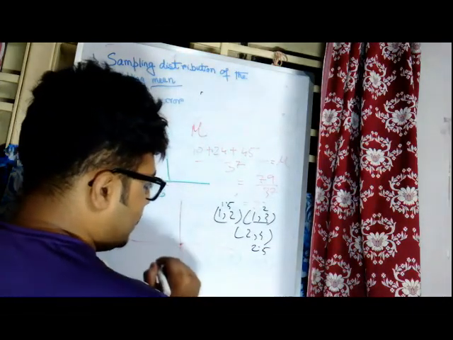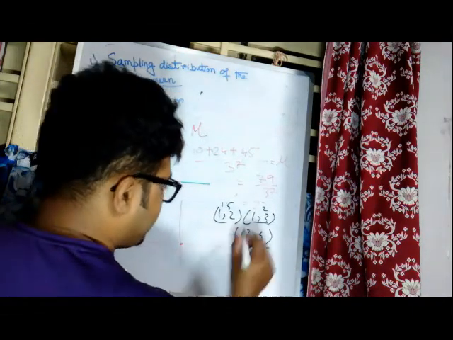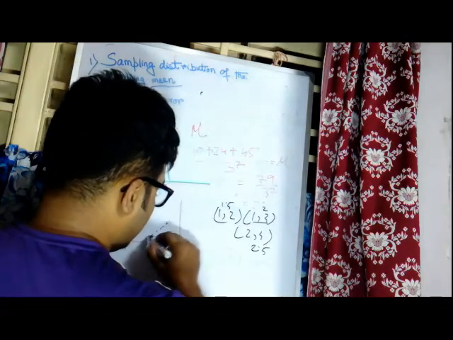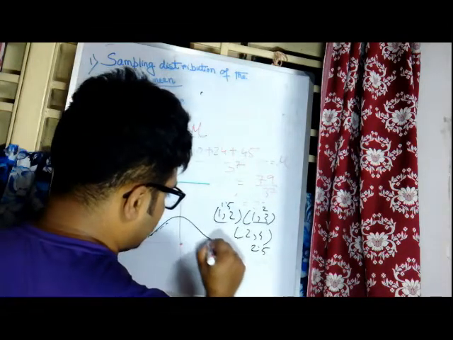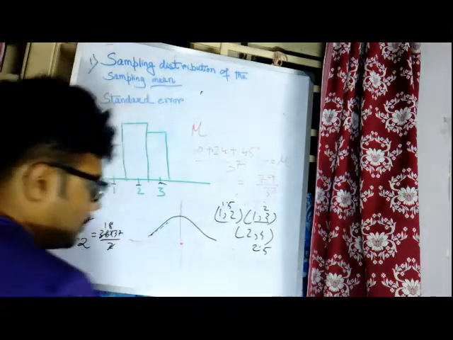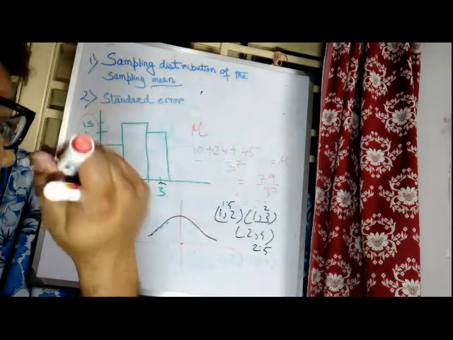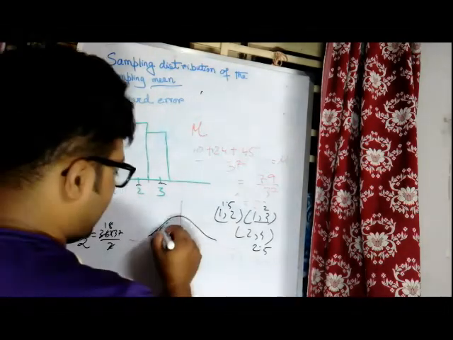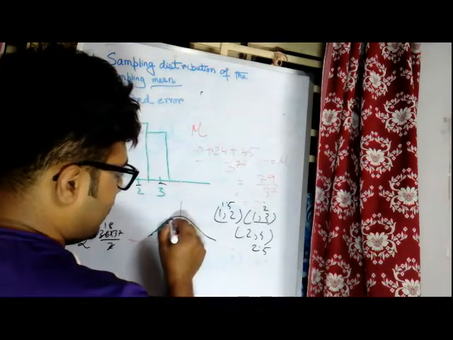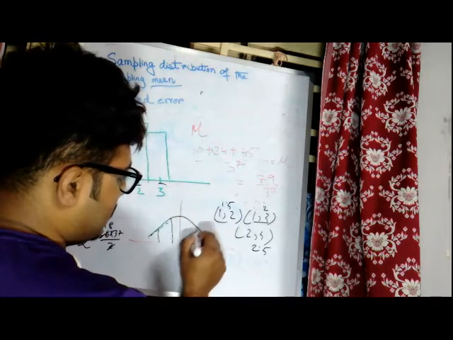Now if we distribute it, we will see that it will be distributed like this. So suppose this is 1.5, this is 2, this is 2.5.